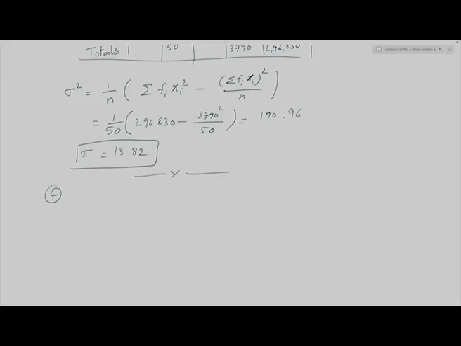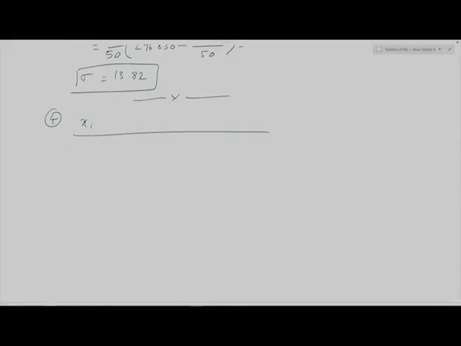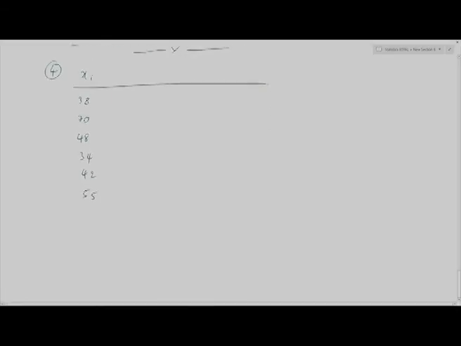Okay. So, let me take some data, let us say xi is 38, 70, and this is ungrouped data: 38, 70, 48, 34, 42, 55, 63, 46, 54 and 44.